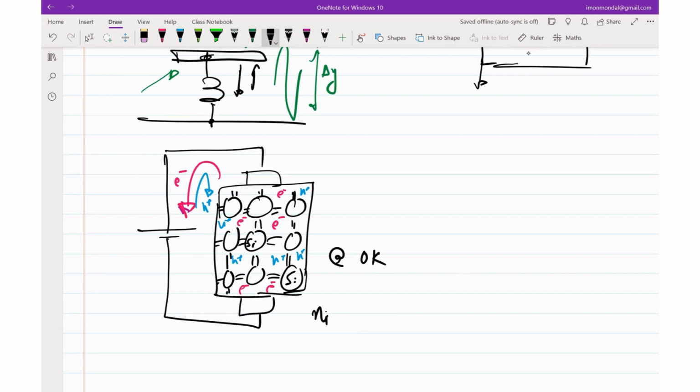So, another thing that is generally done is to say that this is the intrinsic piece of pure silicon. That's all good.